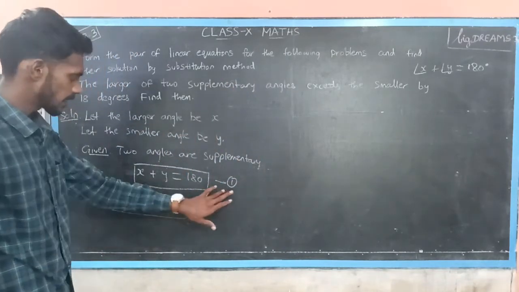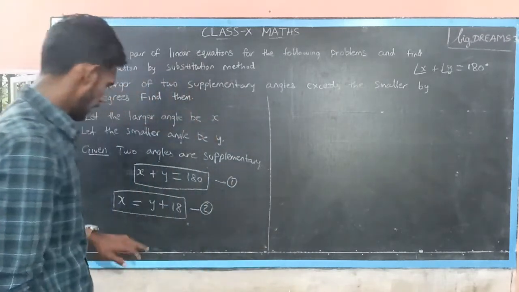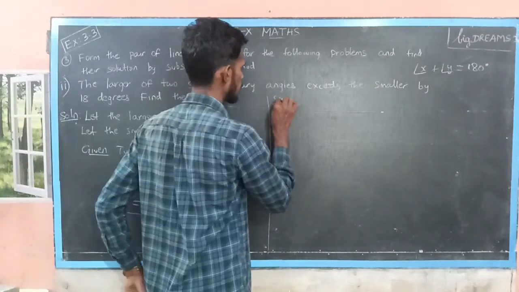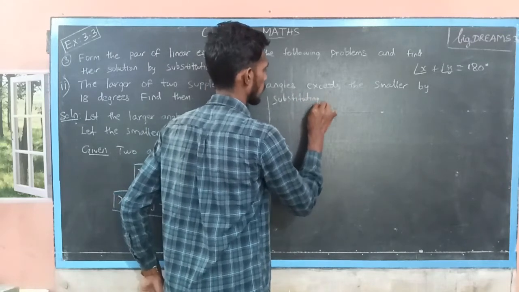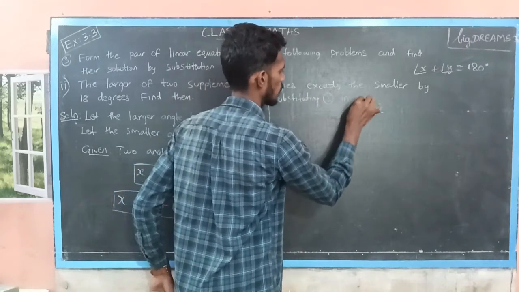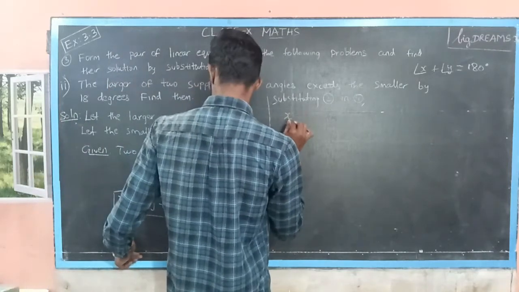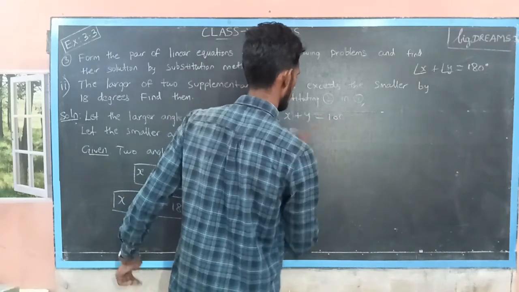Now, see here equation number 1 and 2. Let us substitute equation number 2 in 1. So, we will be getting, first write the first equation, x plus y is equal to 180. Okay.